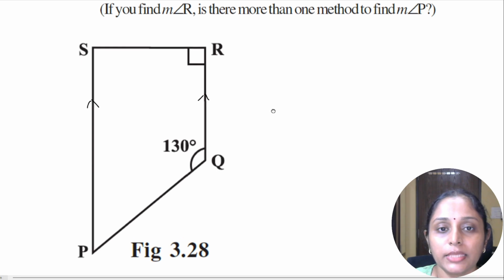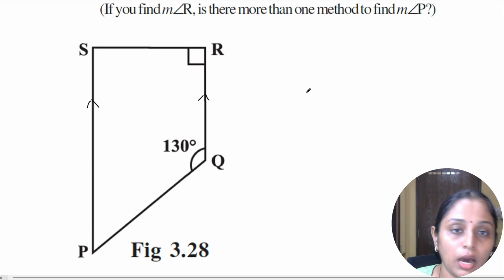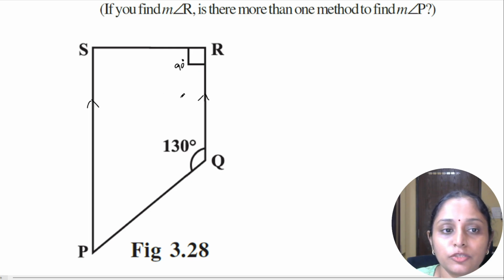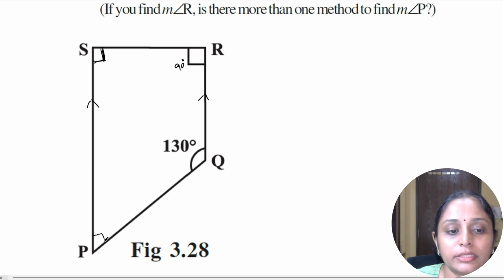Now this symbol means this is 90 degrees, right? And these two are parallel, these two are co-interior, therefore S is also 90 degrees, right? And then I have to find this.